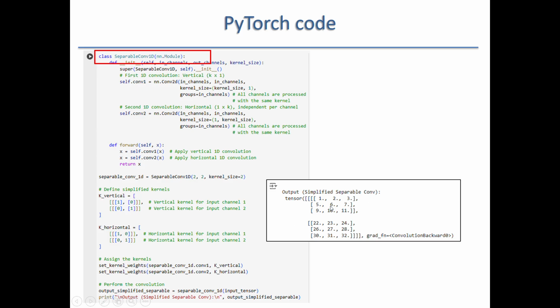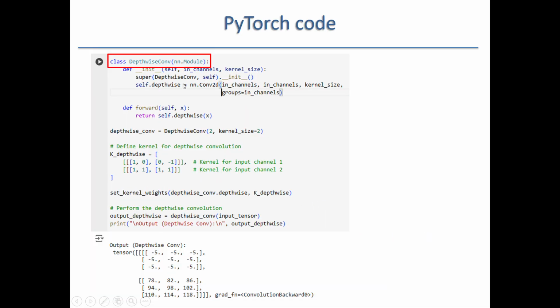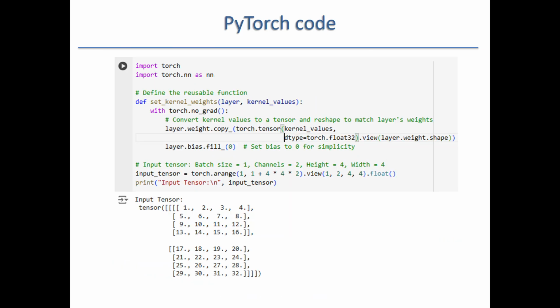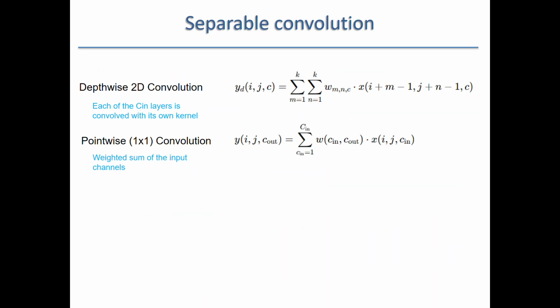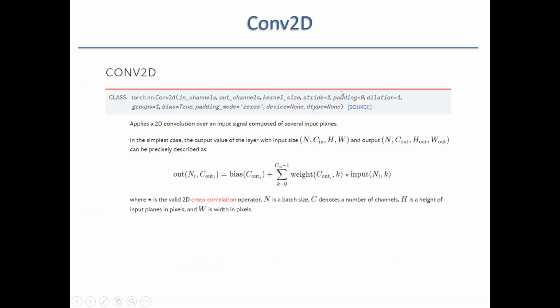Now the result, as expected, is different. Then how, for instance, can we do this depth-wise convolution, in which each one of the channels is processed by a different kernel.